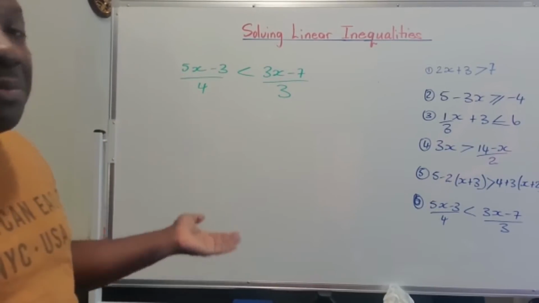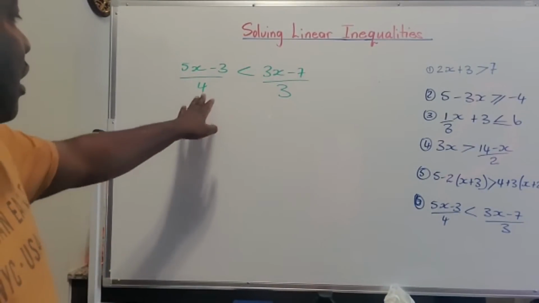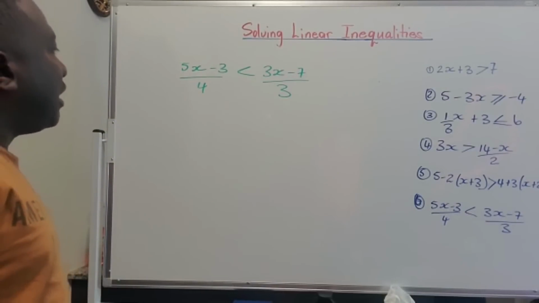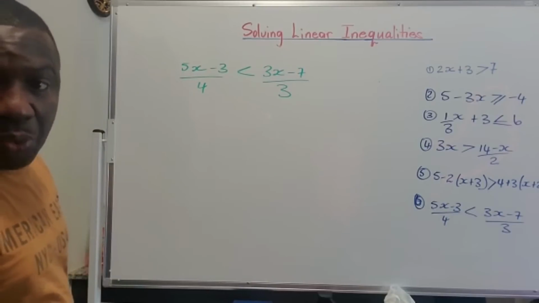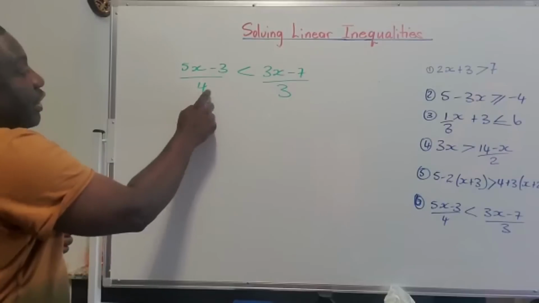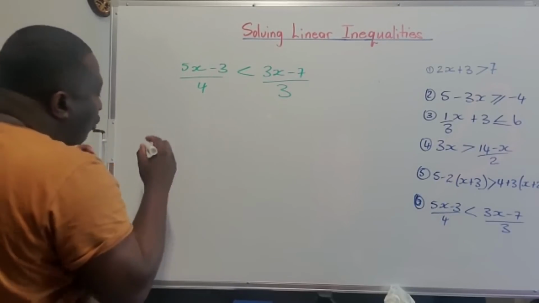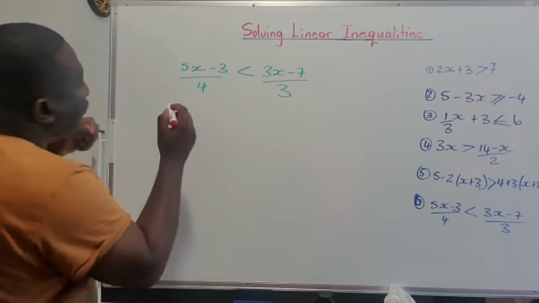Now you can cross multiply the values, or you can take the lowest common denominator. In this case, I could multiply both sides by 12. 3 times 4 gives me 12. I could multiply both sides by 12. So let me do that.